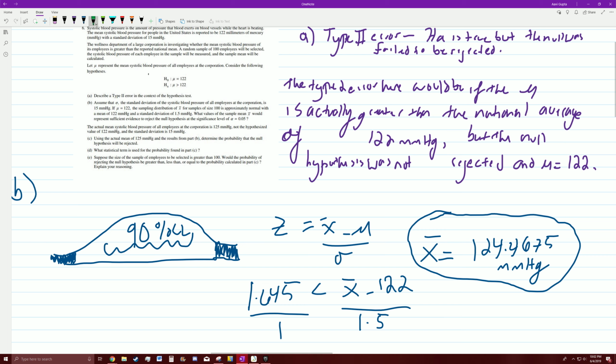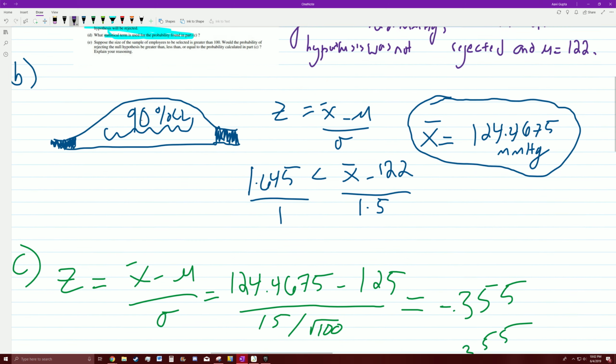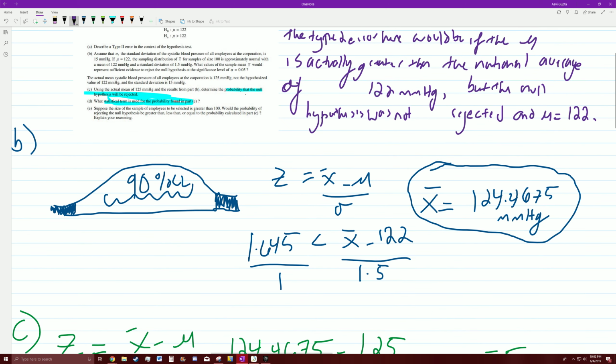Okay, so now part C. It says what statistical term is used for probability found in part C? Well, in part C, it's the probability that the null hypothesis will be rejected. Well, this is the power of the test. So this is something that you just had to know.